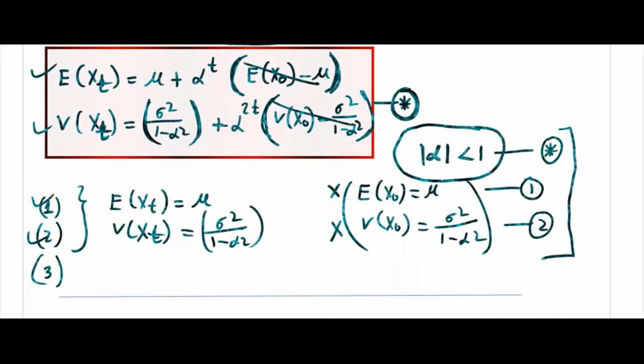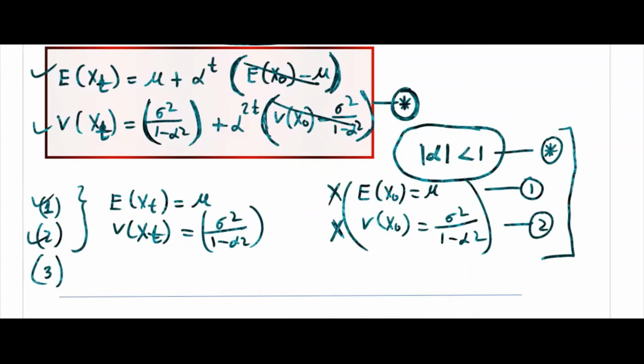If mod alpha is less than 1, even if these two conditions are not met, this will become stationary in the long run.